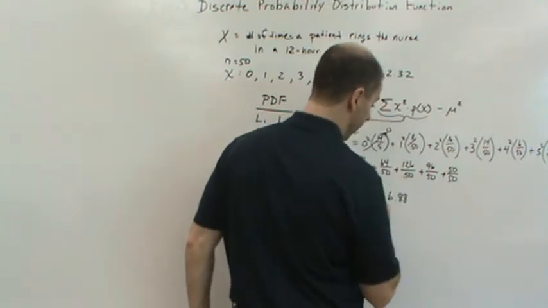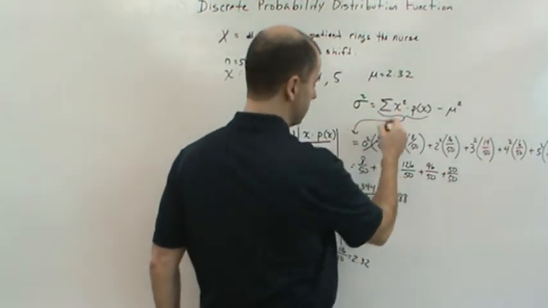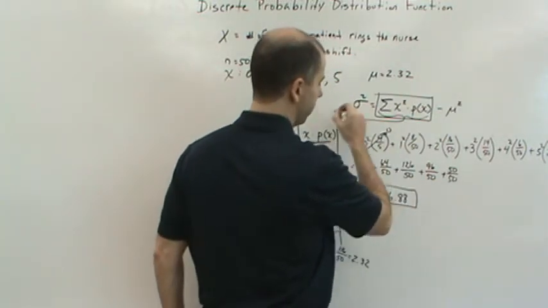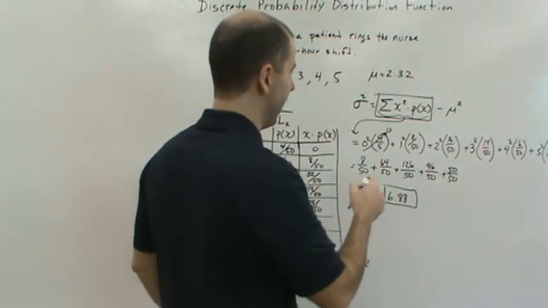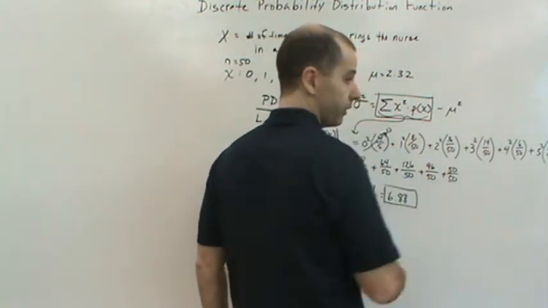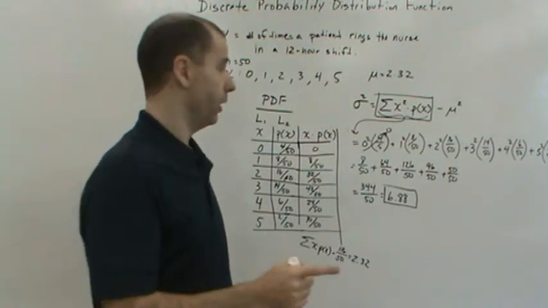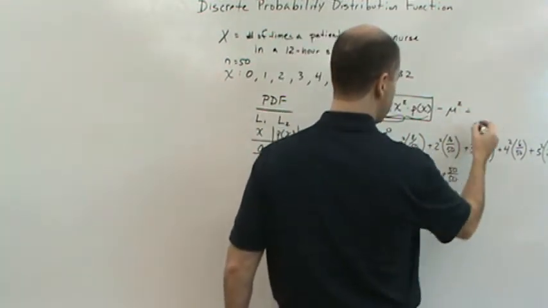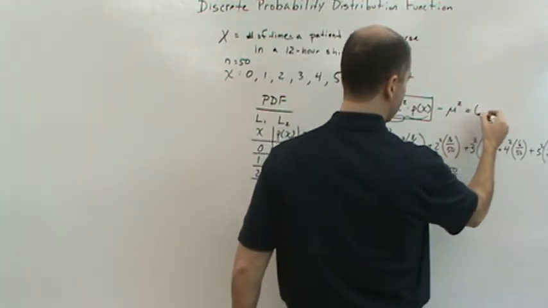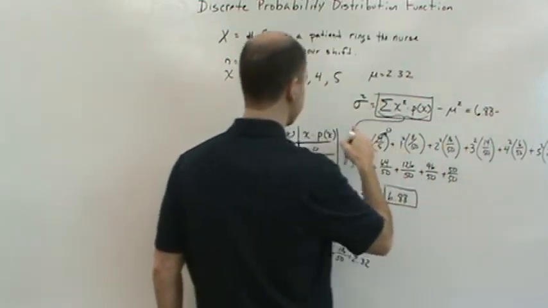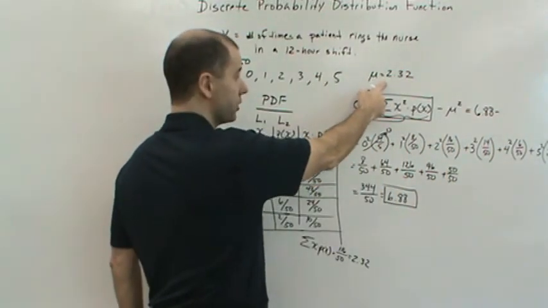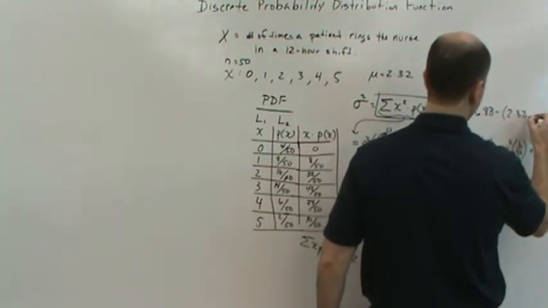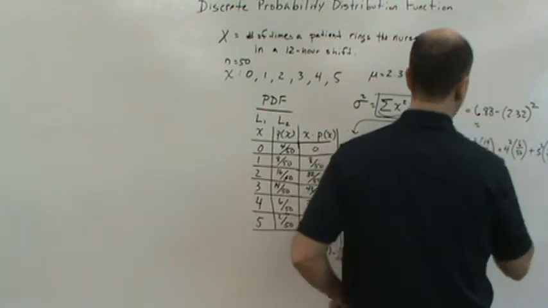6.88. Now we're not done. All we did was figure out this piece, right? So this goes with this. So now we have to subtract the mu squared, right? So this is going to equal 6.88 minus the mean squared, which is 2.32. So we're going to take 2.32 and square it. And so now, what do we get?